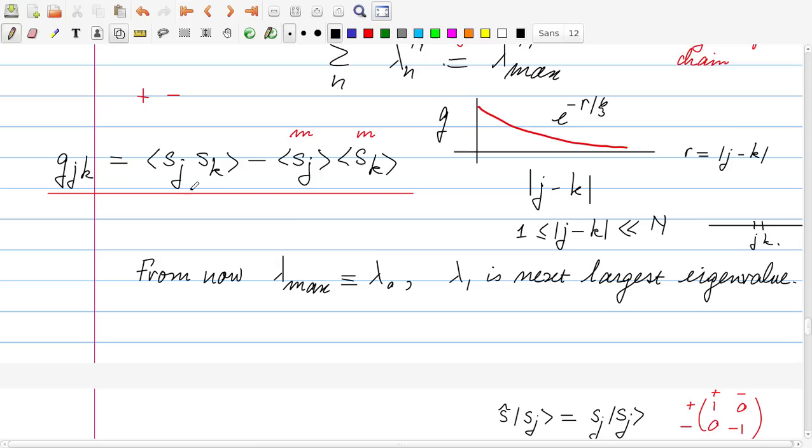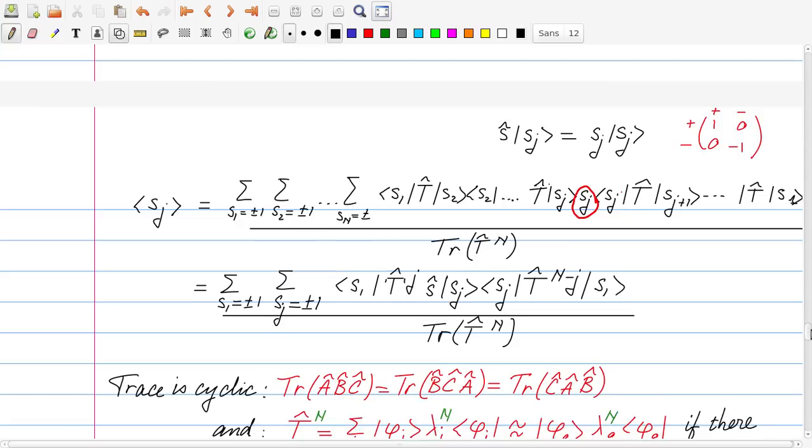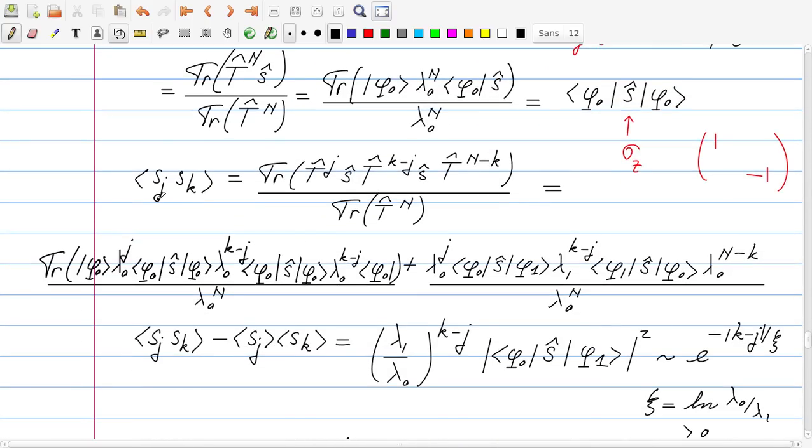But there is one more to be evaluated, and that's this product here. So using the same approach as we did for evaluating the expectation value of a single spin, we obtain the following. So we consider Sj and Sk, and so we first have j T matrices, the first part of the spin, then this is my Sj, this is my Sk, and there are k minus j T operators in between, and then there is a T to the power n minus k.